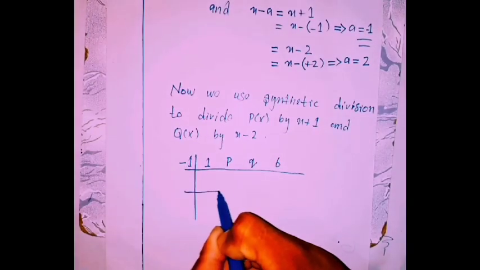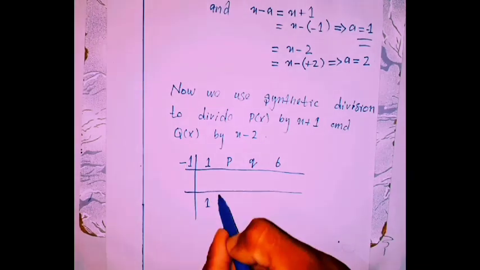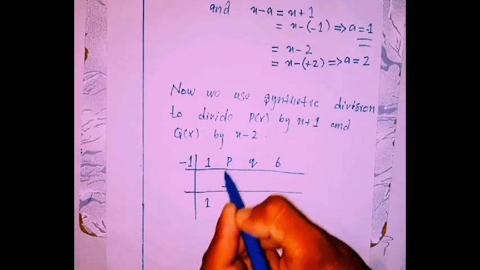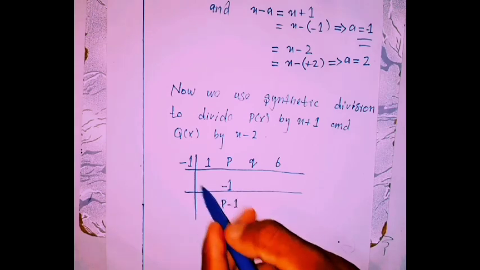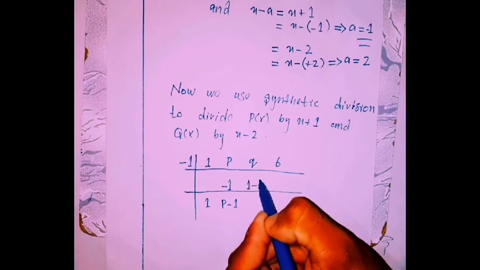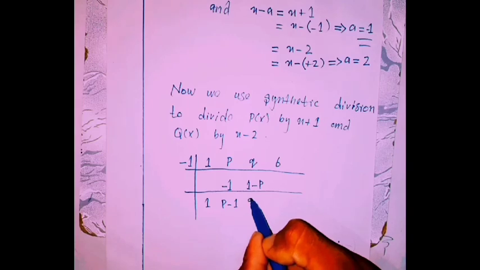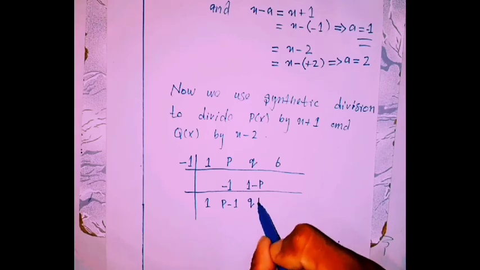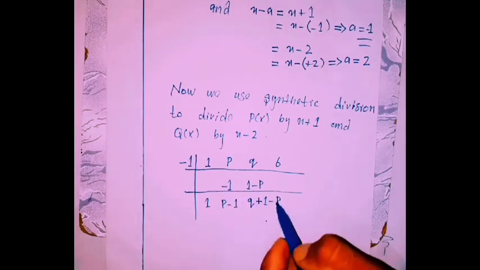So using synthetic division, we will write 1 as it is. So 1 into minus 1 is minus 1. Now if we add p and minus 1, we get p minus 1. Now if we multiply minus 1 into p minus 1, we get 1 minus p. So adding q and 1 minus p, we get q plus 1 minus p.